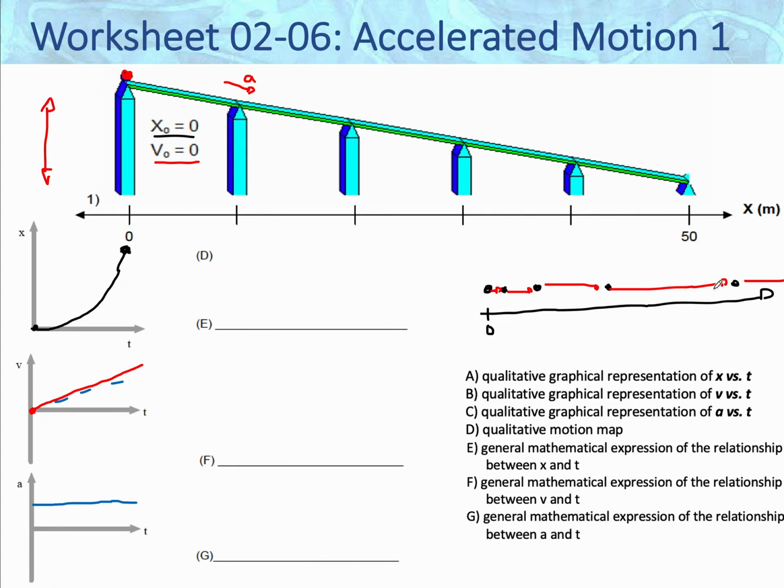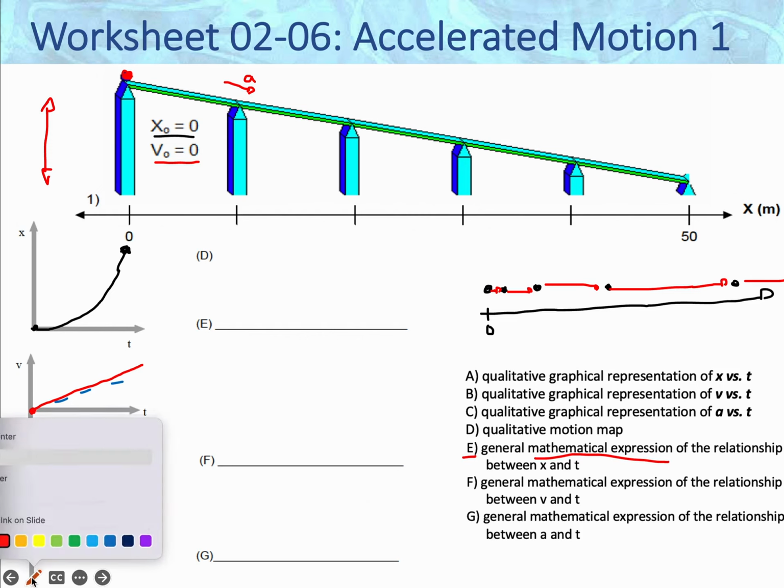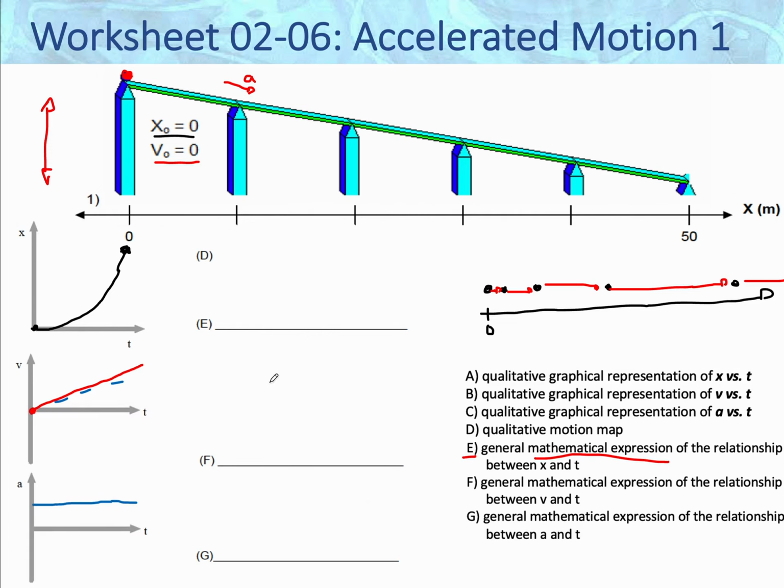And then the part that always drives students crazy. This part here, E. Write a general mathematical expression of the relationship between x and t. And a lot of students go, whoa, wait a second, how in the world am I supposed to do that? Well, in general, remember that the final position of any accelerating object is just given by this equation.